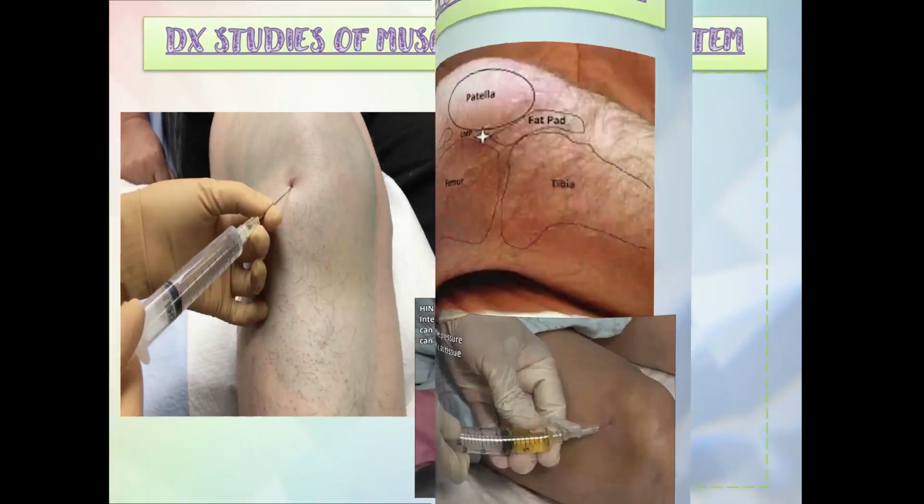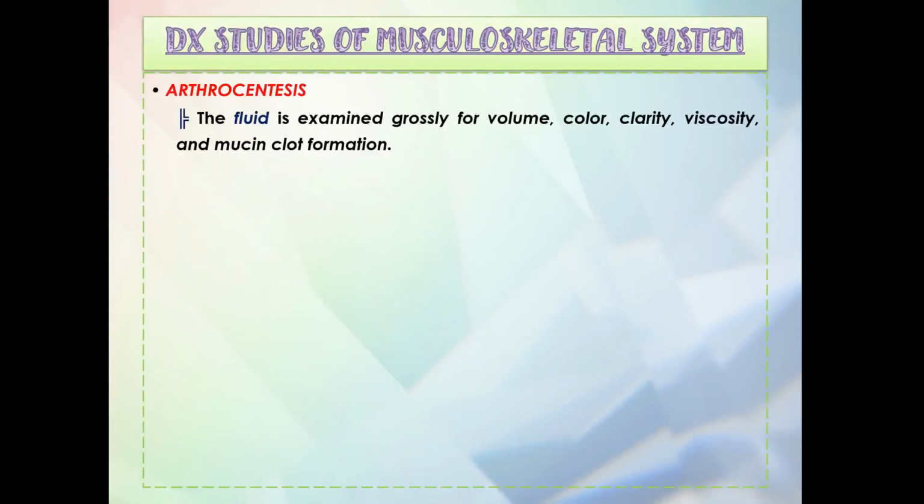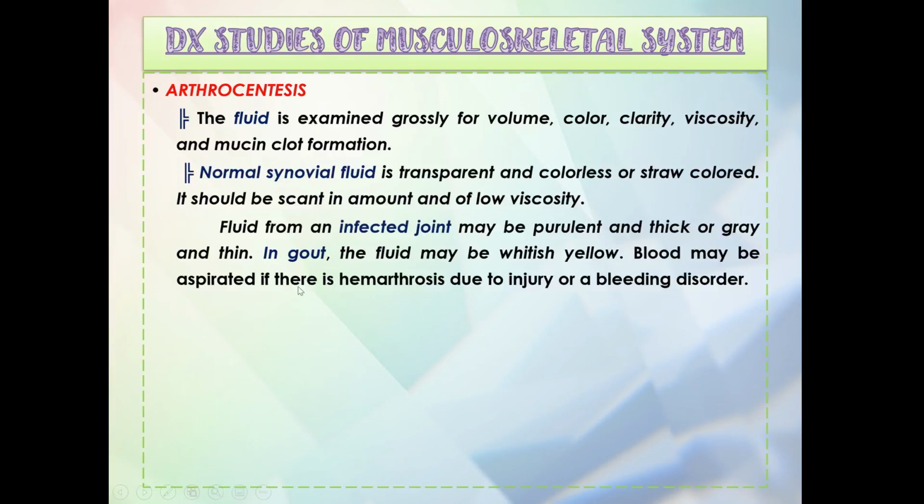So ina-assist lang natin. And then the fluid is examined grossly for volume, color, clarity, viscosity, and mucin clot formations. So ang normal na synovial fluid is transparent and colorless or straw-colored. It should be scant in amount and of low viscosity.